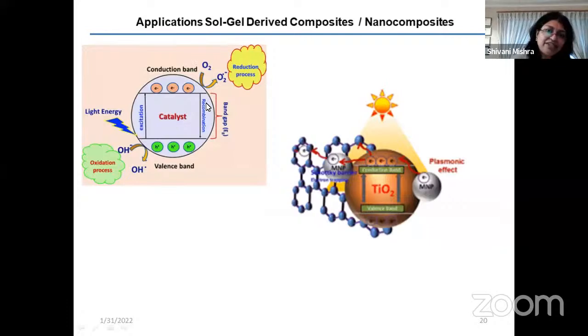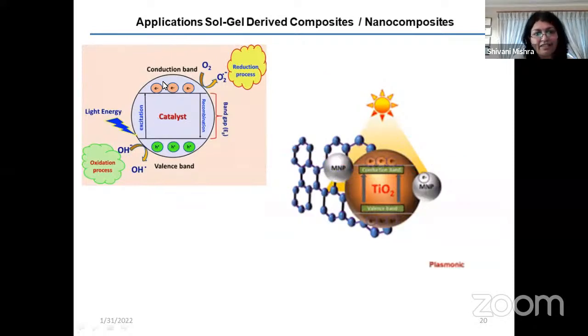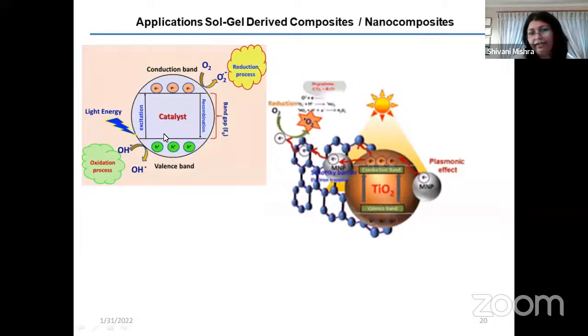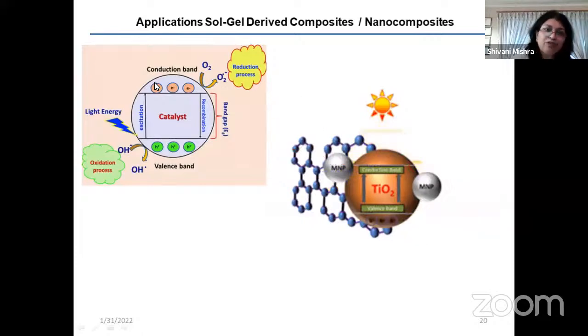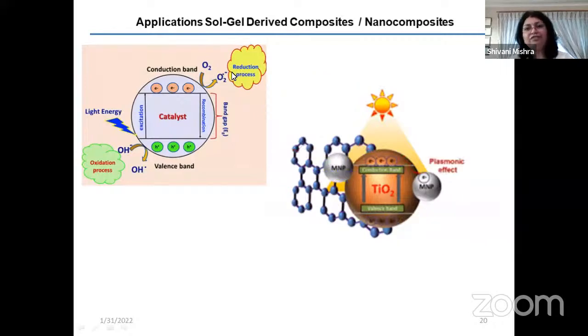So I'm just transferring my attention from this graphic to this part to help you understand. When the sunlight falls on this titania, the electrons are here. When the electrons absorb sunlight in the UV-visible range, they jump up to the conduction band, and those electrons then react with the oxygen in the medium where the reaction takes place and form superoxide free radicals, which further react with the contaminants to degrade them.